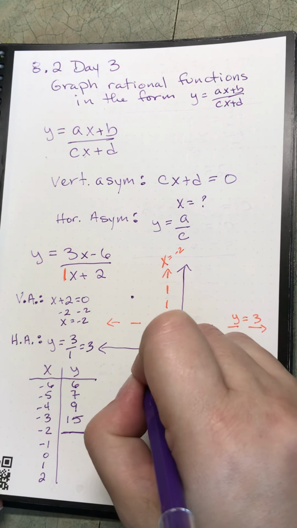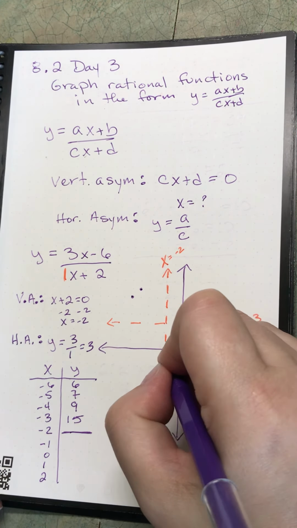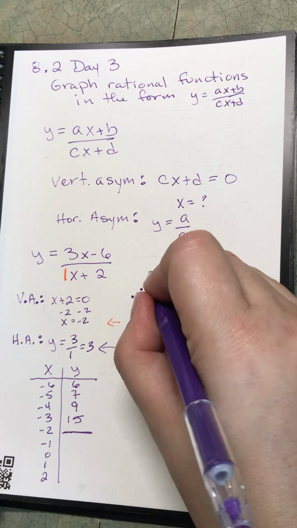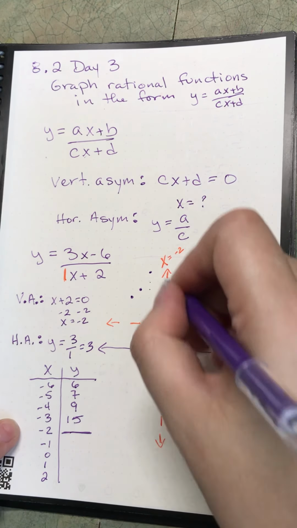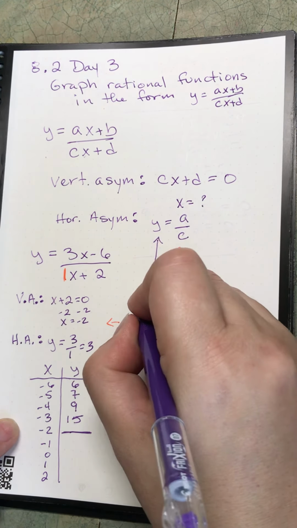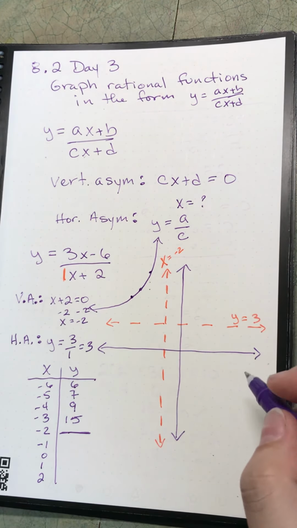I have a point at negative 5, positive 7, negative 4, positive 9. And then I know my next point is way up there, so I'm just going to go ahead and kind of sketch this in, try to make it symmetrical.